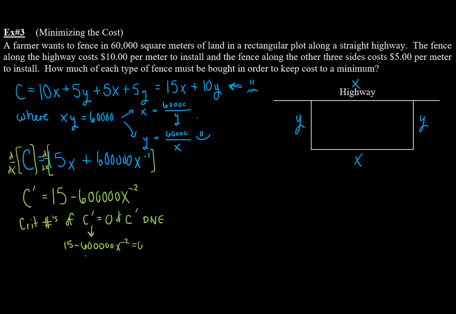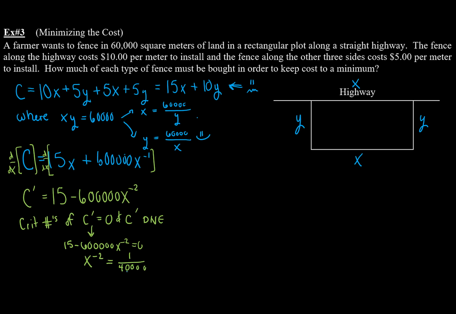If I subtract 15 from both sides and then divide by 600,000, I'm running out of room on the bottom here. See if I can squeeze that in. I'm going to end up with x to the negative 2 is going to be 1 over 40,000.